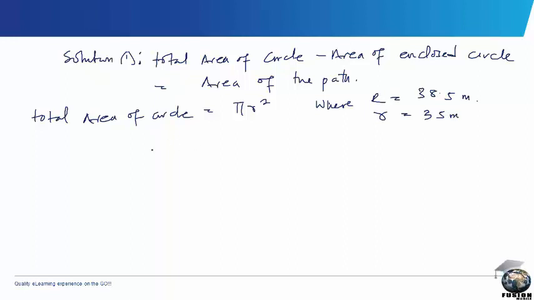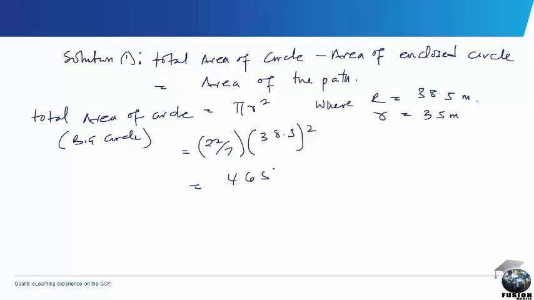And so the area for the big circle will be equal to 22 over 7 times 38.5 squared. If you carry out this computation, you have 4658.5 meters squared.